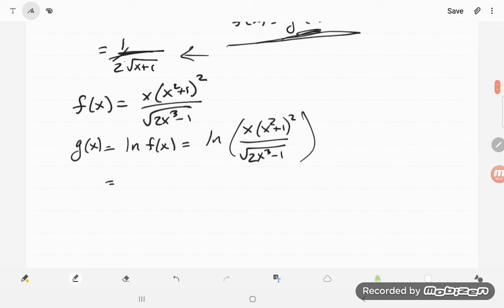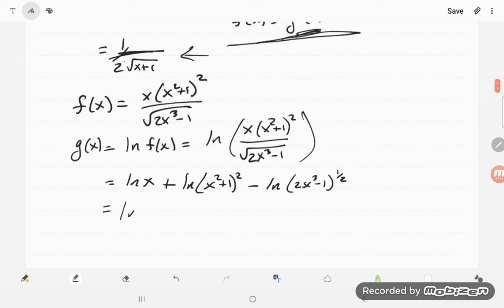Using properties of logarithms, I have a product and a quotient, so I've got the natural log of x plus the natural log of (x squared plus 1) squared, minus the natural log of (2x cubed minus 1) to the 1/2.